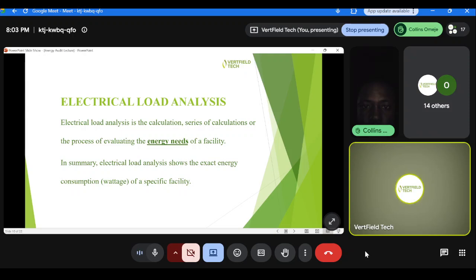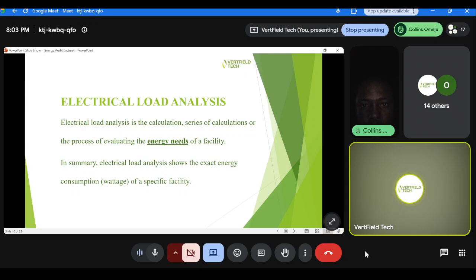We didn't tell you how energy audit performs that duty. At this point, you are going to learn that how, which is dependent on this parameter we call electrical load analysis.